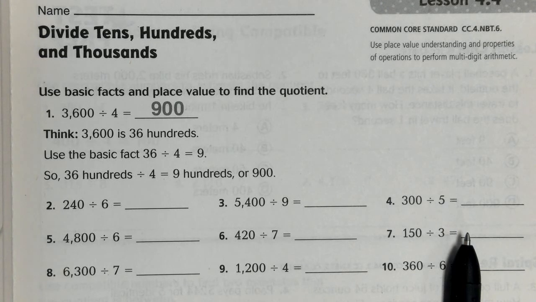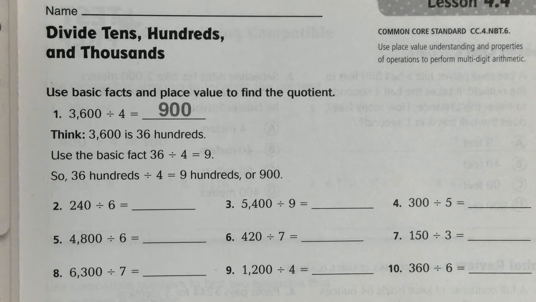Page 75. All right, Jaslyn, page 75. The process is a lot like our process for multiplying by tens, hundreds, and thousands, right? Do we recognize that? All right.